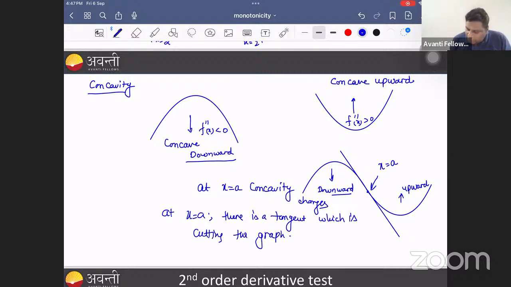So this x equals a is called a point of inflection. Have a look at it for a moment. This x equals a is called a point of inflection.